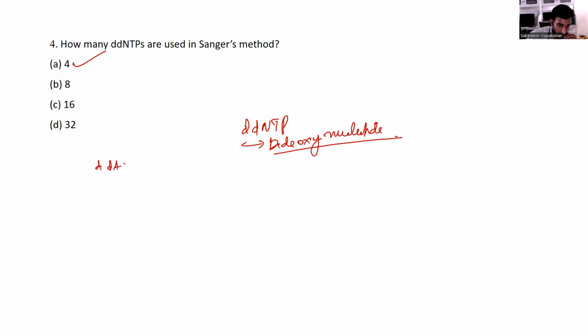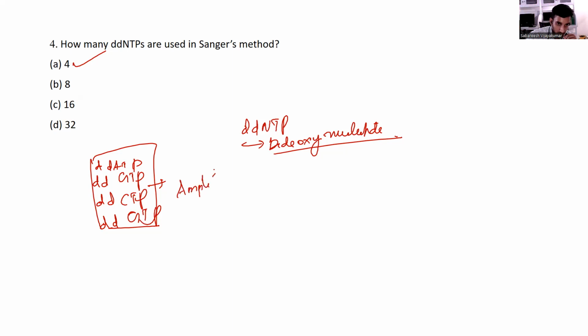So what are the different 4 types used? One is ddATP, then ddGTP, then ddCTP, and ddTTP. So when they are incorporated into the amplification reaction, the chain will be terminated.